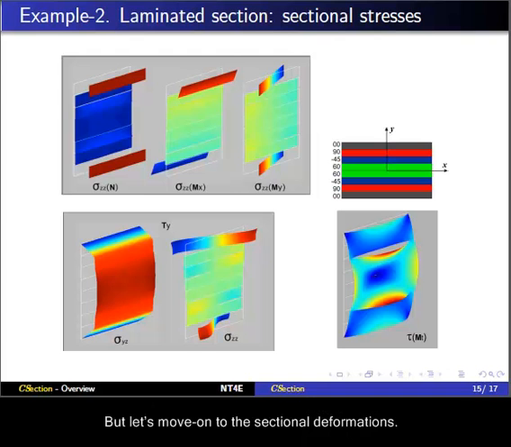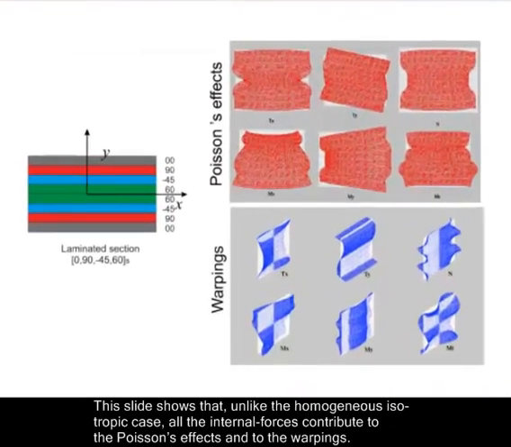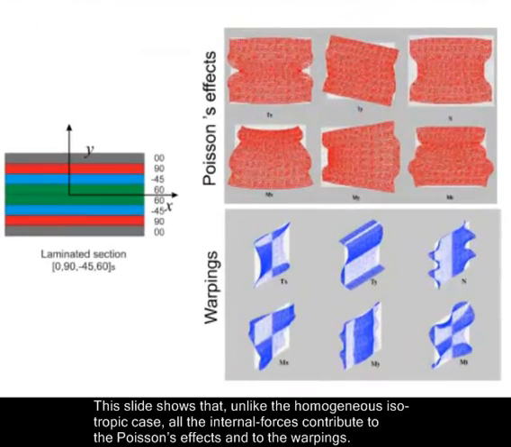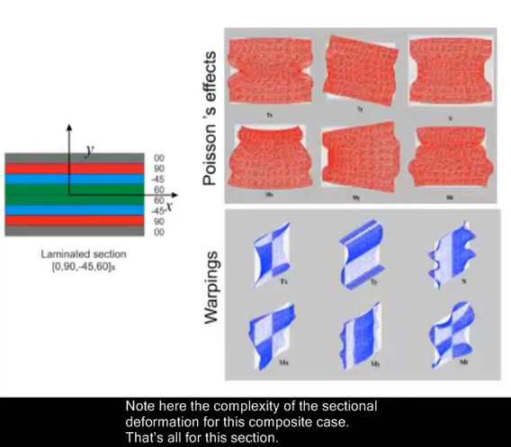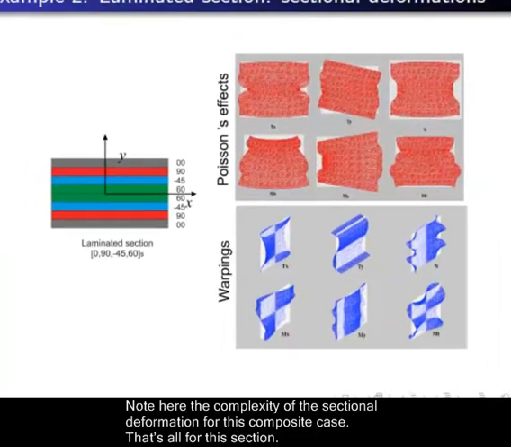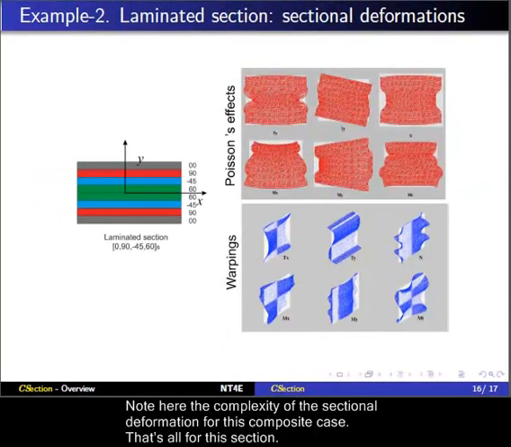But let's move on to the sectional deformation. This slide shows that, unlike the homogeneous and isotropic case, all the internal forces contribute to the Poisson's effects and to the out-of-plane warpings. Note here the complexity of the sectional deformation for this composite case.